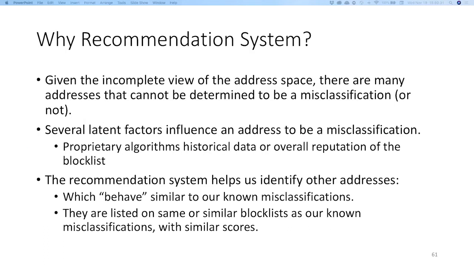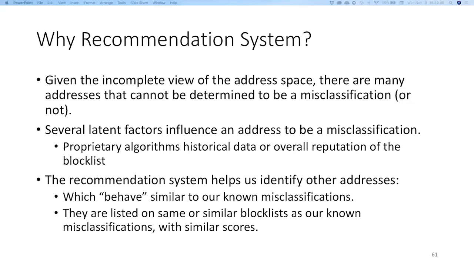Now, why does this recommendation system work in this scenario? Given the scenario of all the IP addresses which are allocated to a user, we could never know which IP address is malicious and which is legitimate at any given point in time. Moreover, there are several features or factors that actually influence a particular IP address to be a misclassification.